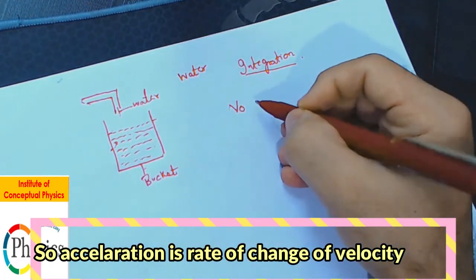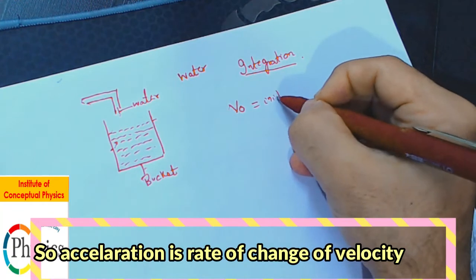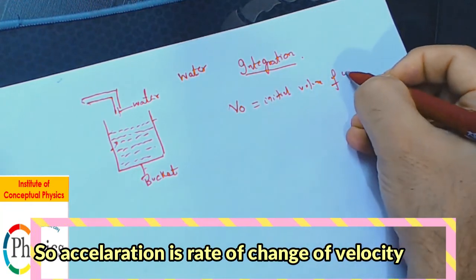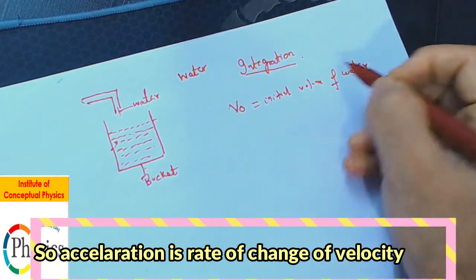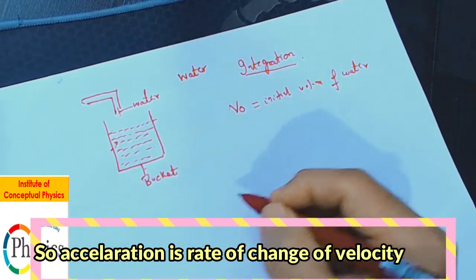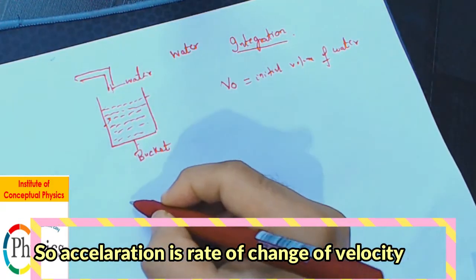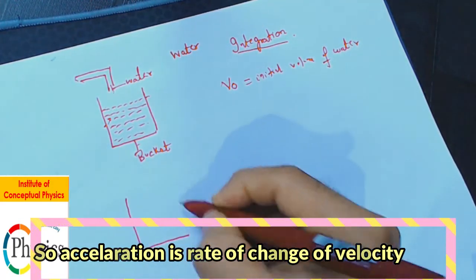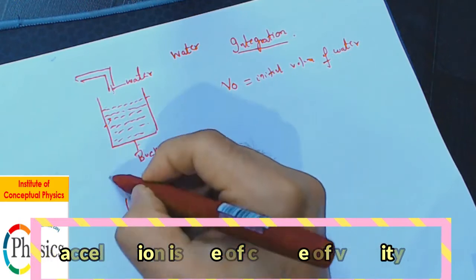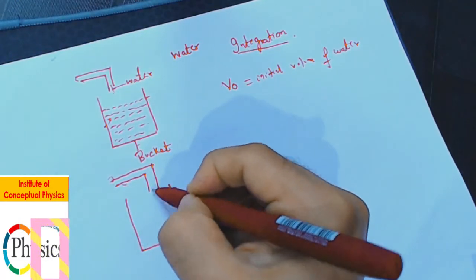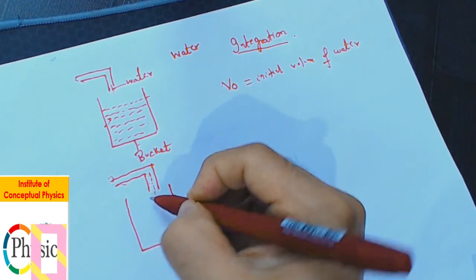So that's your initial volume of water which is available in the bucket. And now you open the tap, and water starts pouring in, and that's your water which is pouring in, okay?